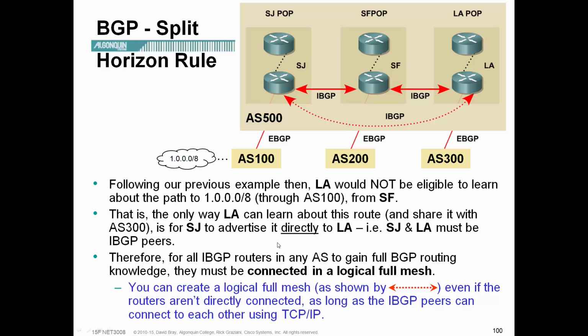So this is what this bullet is saying: the only way LA can learn about this route and then share it onwards externally is for SJ to advertise it directly to LA. So they have to be iBGP peers.